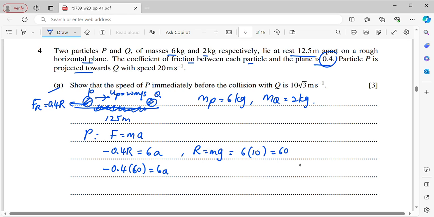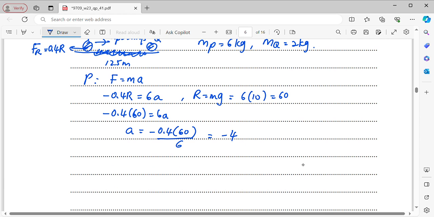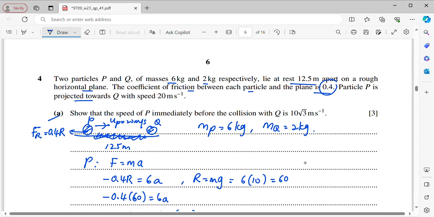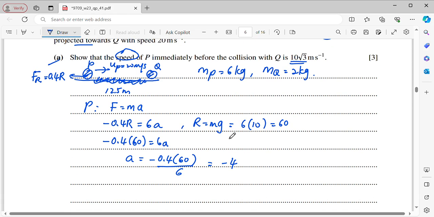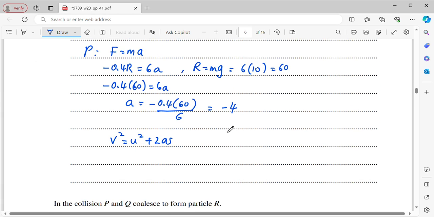So now I need to find the A first. My A is going to be negative 0.4 times 60 over 6. Then this is going to be negative 4. Now to get the speed, the speed of P before the collision, that is my final speed. So I will use V squared equals U squared plus 2AS, because all the information is given.